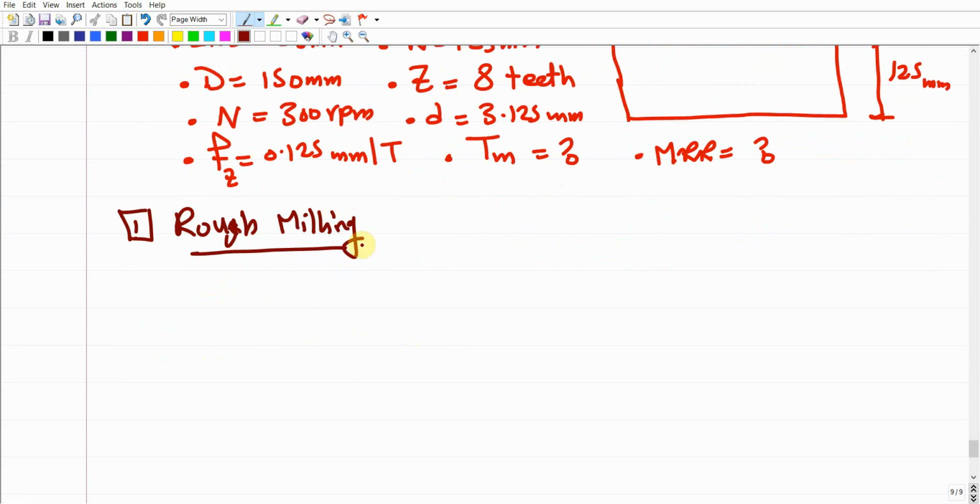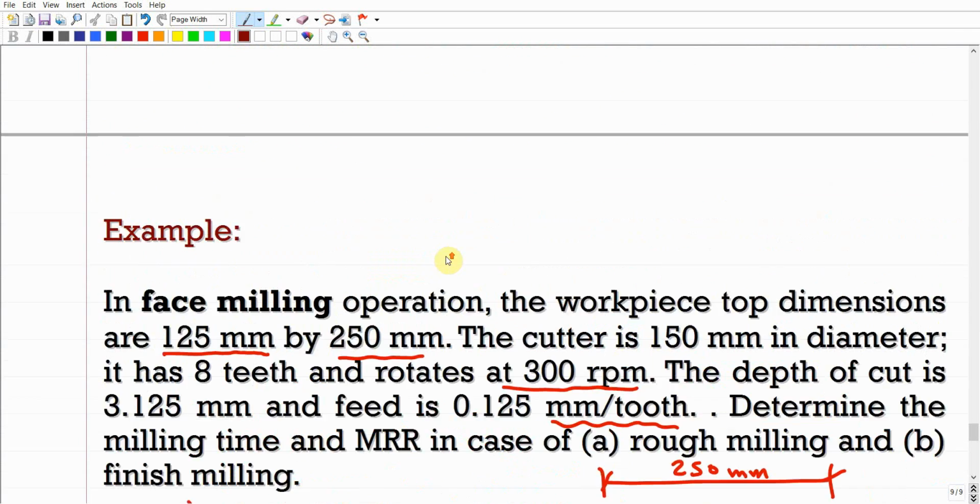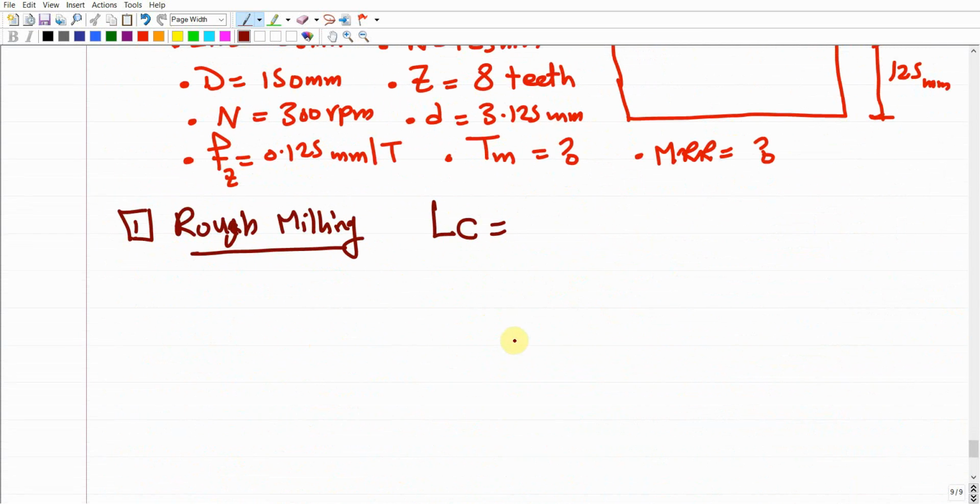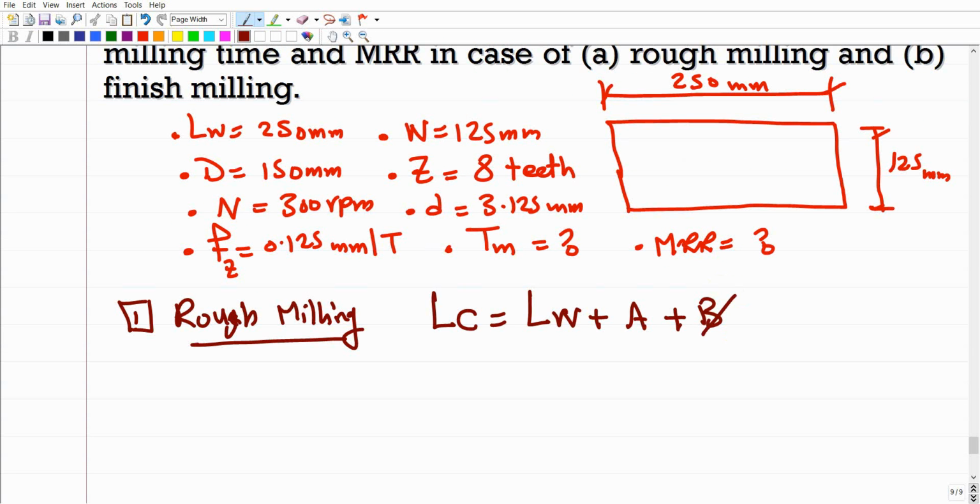The only difference between rough milling and finish milling is actually the calculation of L_C. The L_C, for both cases, should equal the length of the work part plus the approach A distance plus the B distance. This B should be the sum of the approach and over travel, but here it should be given.